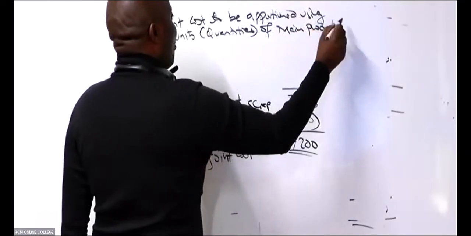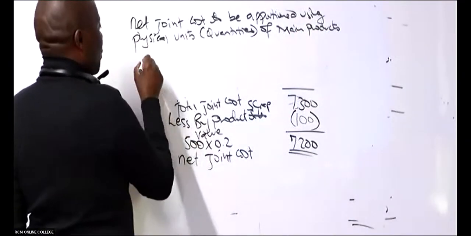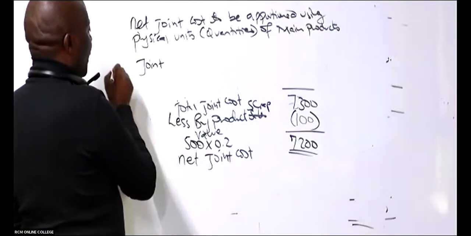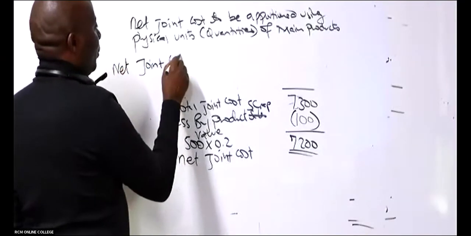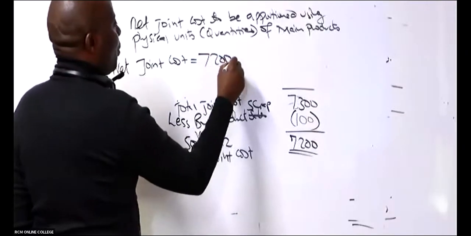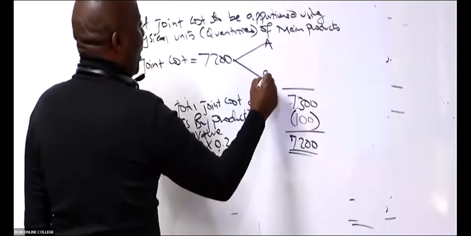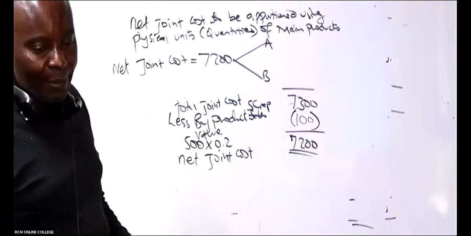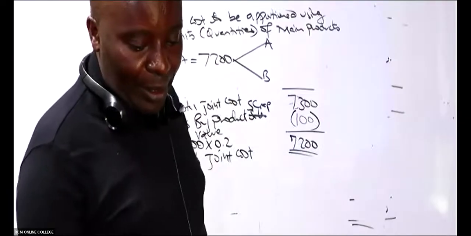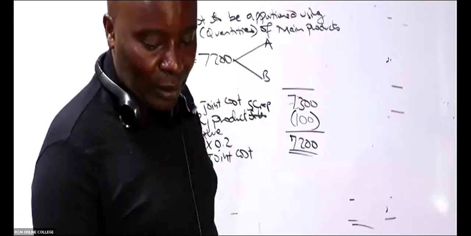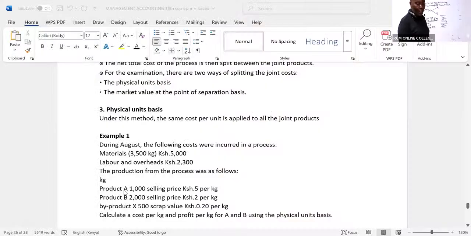Don't use byproducts. So we have our net joint cost, which is 7,200, and two main products, A and B. Do we have their physical units? Yes. On the physical units basis, product A is 1,000 kilograms and B is 2,000 kilograms.